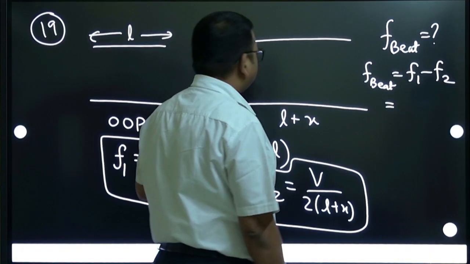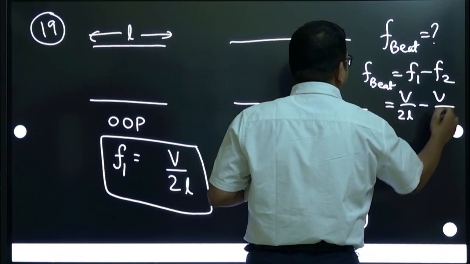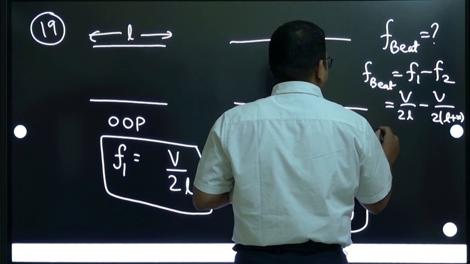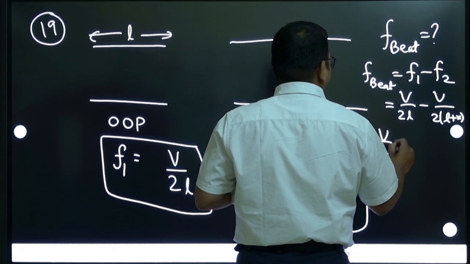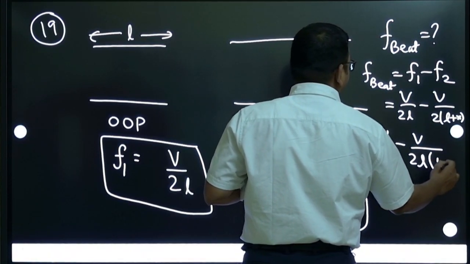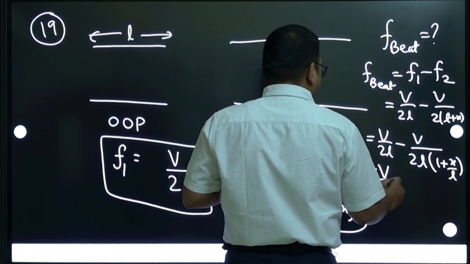Solve it. So V by 2L minus V by 2 into L plus X. Let us take 2L common here, so it will become 1 plus X by L. V by 2L can be taken as common.